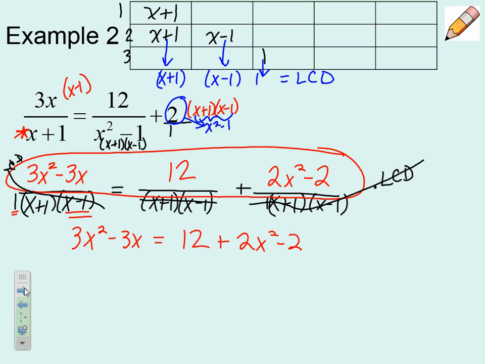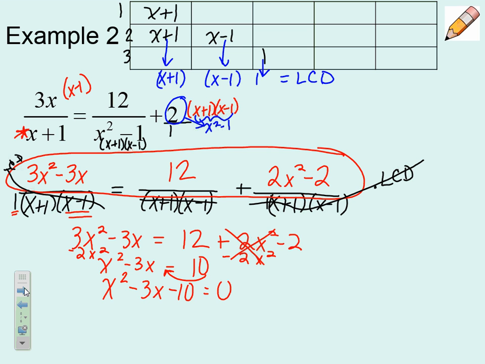I'm noticing there are x squareds in here, so I pretty much want to get them together on one side. So I'm going to subtract these 2x squareds over here. I'd have x squared minus 3x. On the other side, I'd have a 12 and a subtract 2, which is 10. Now, since I have an x squared and an x, I want to bring that 10 over there to hang out with the rest of them, making x squared minus 3x minus 10 equals 0.